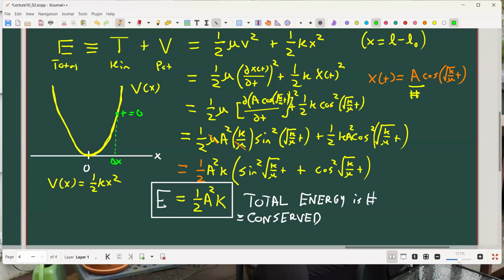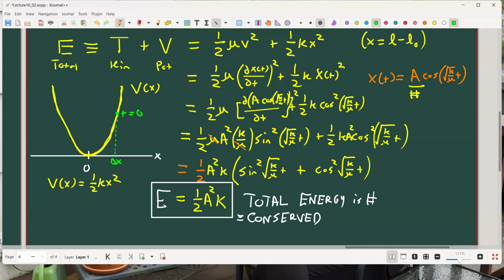And the total energy at that point has to be 1/2 a squared k. k is a fixed number, so a in some sense has to be proportional to this delta x, because the total energy here is only a function of delta x.